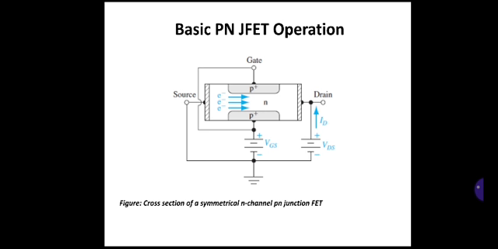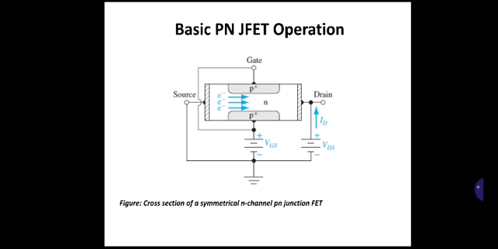So in a JFET, the voltage variable depletion region width of a junction is used to control the effective cross-sectional area of the conducting channel. The N region between the two P regions is known as the channel. You can observe there are two P regions. The P regions are connected with a gate, and in between there is an N region.